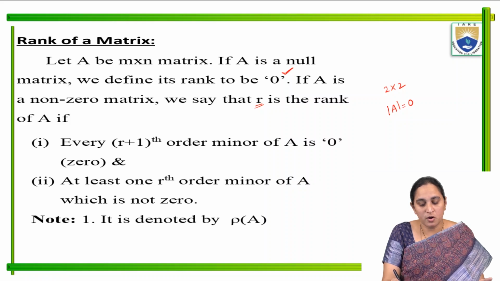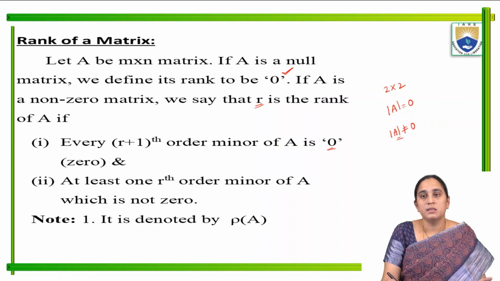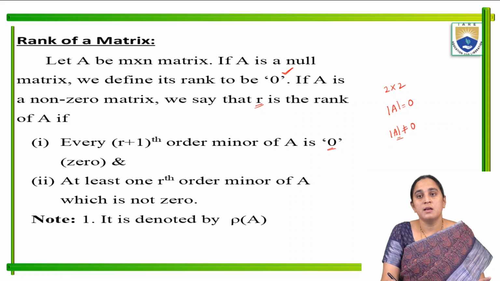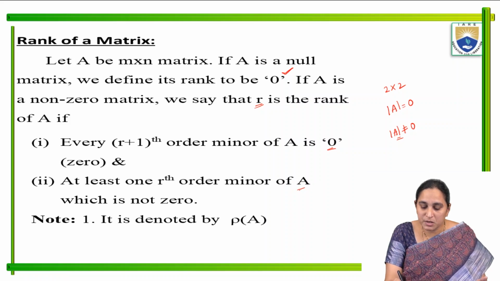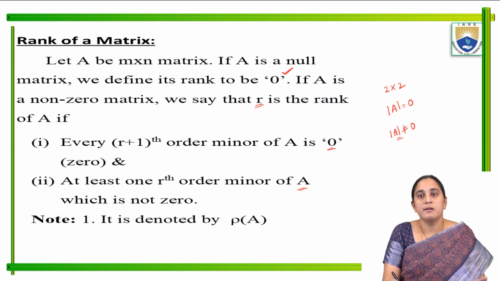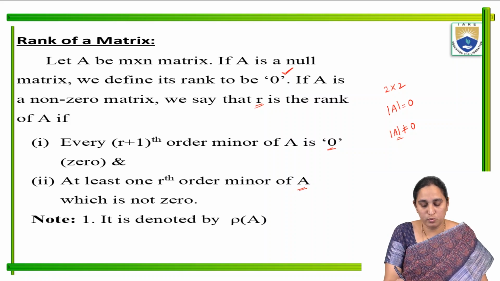At least one minor of A which is not equal to 0, where the determinant is not equal to 0, we consider that order as the rank of the matrix. If it is 0, there is no need to consider that order. That is r, denoted by rho of A.